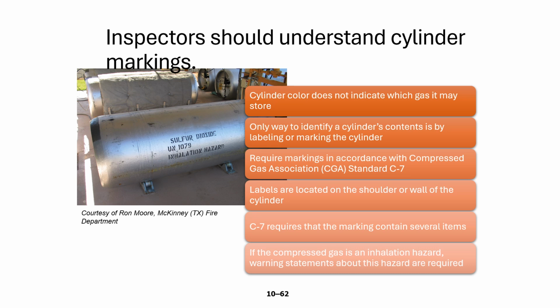If the compressed gas is an inhalation hazard, warning statements about the hazard are required, and its reportable quantity if such a value is assigned by the U.S. Department of Transportation. If the amount of hazardous material released due to an accident exceeds the reportable quantity, its release must be reported to the United States Coast Guard National Response Center.